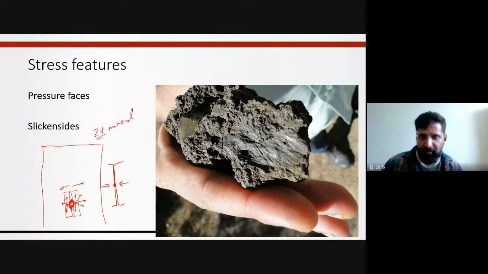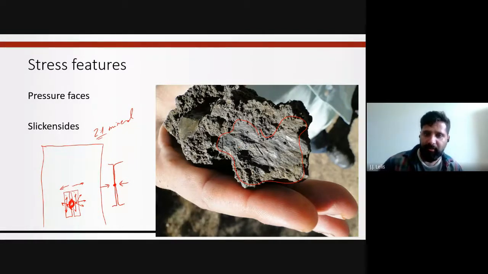And we can see some shiny surfaces like this one, okay, in these materials. And it was not created by clay alluviation, but only by pressure, okay?